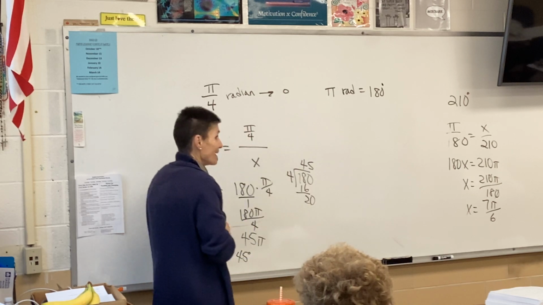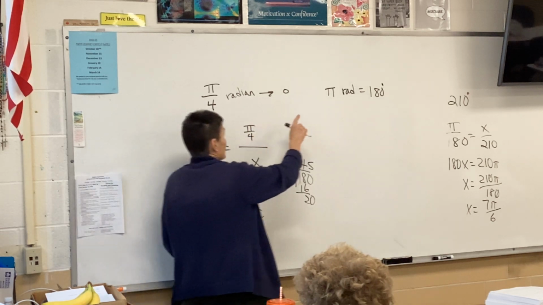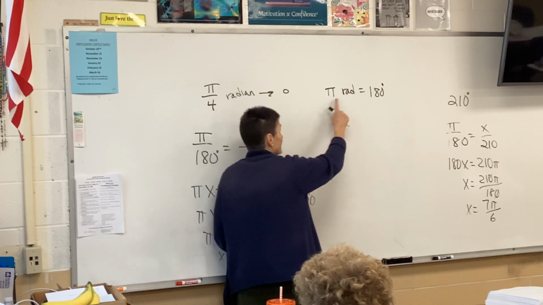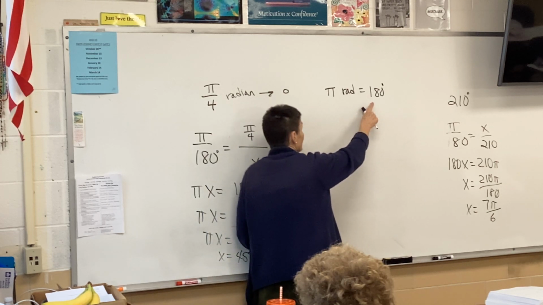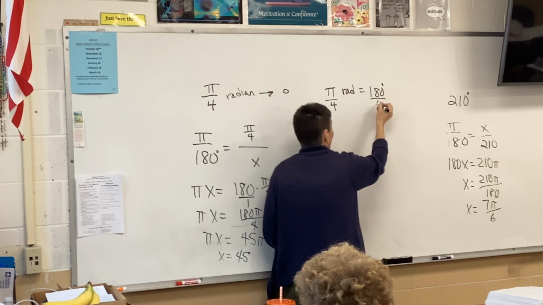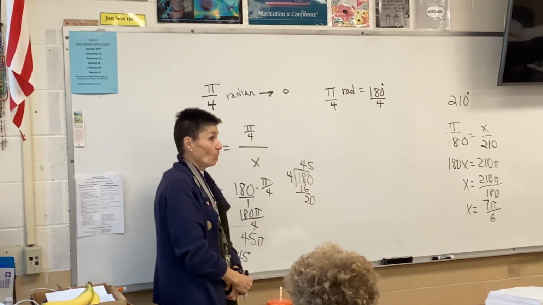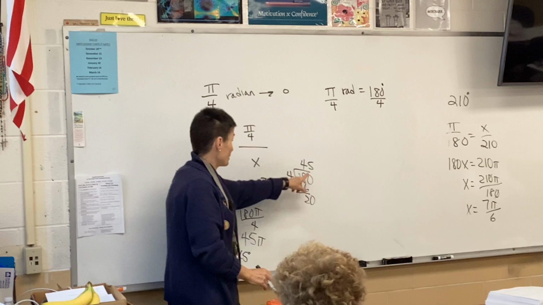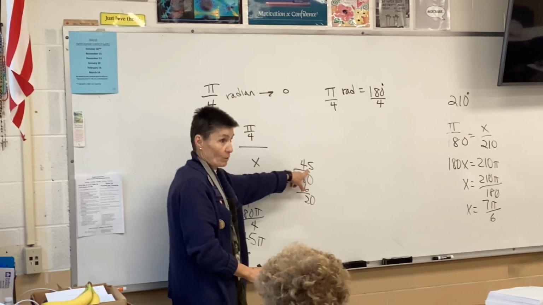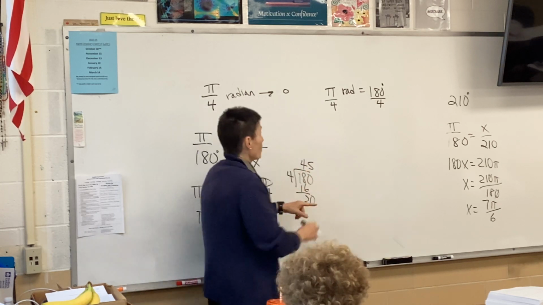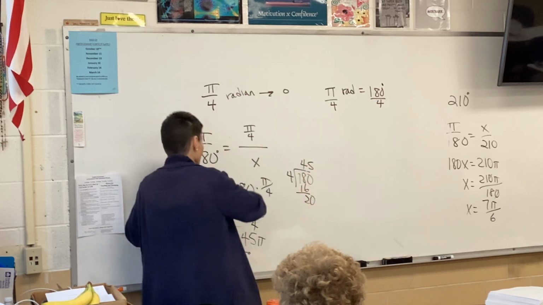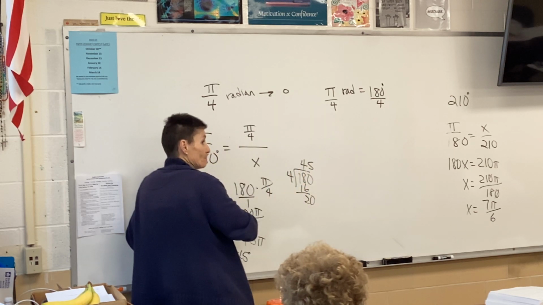Does it make sense to you that if a whole pi is 180, that a fourth of a pi would be 180 divided by 4, which is 45? So you don't have to go through all this arithmetic if you don't want to.